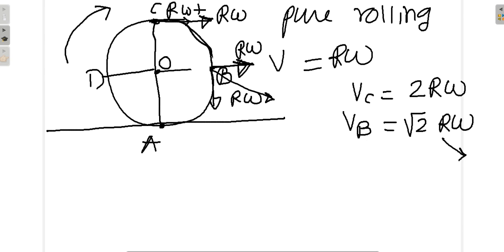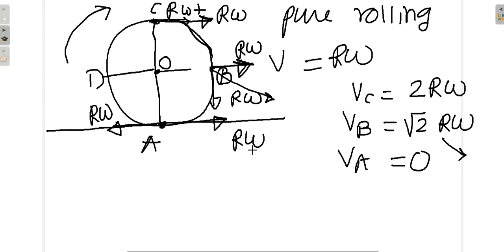Look at point A. Again, the translational velocity r omega is always to the right, but as the sphere is rotating clockwise, the velocity due to rotation will be in the opposite direction, and therefore at point A the total velocity will be 0, and that is why we say that the point A is virtually not moving, and that is why it is called as instantaneous center of rotation.